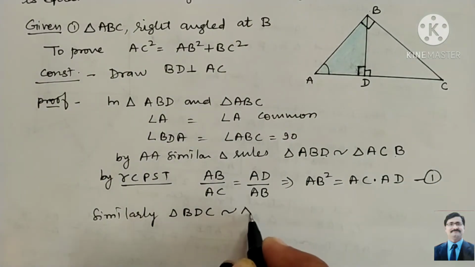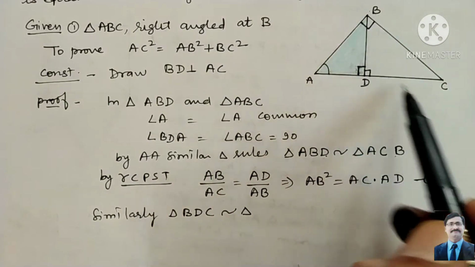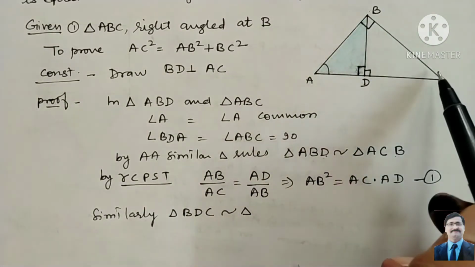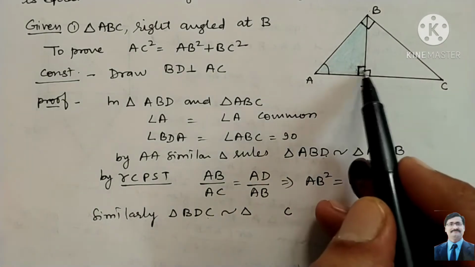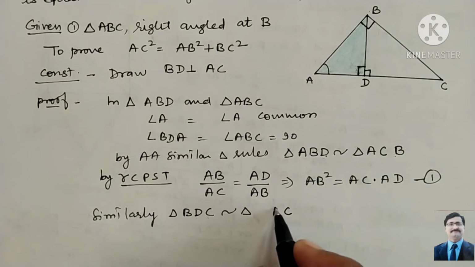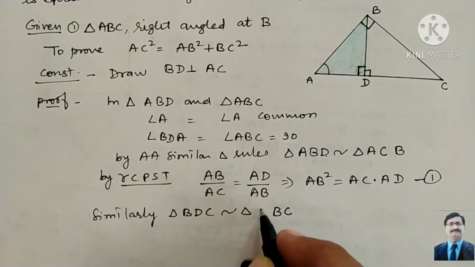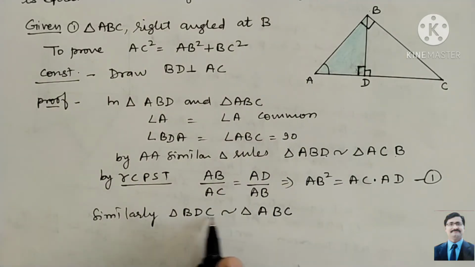Similarly, we can say triangle BDC is similar to triangle ABC. Look here, if we take BDC and the whole ABC, C is common, so C and C are equal. Next, angle D and angle B are equal, both 90 degree, and the remaining is A. So triangle BDC is similar to triangle ABC.